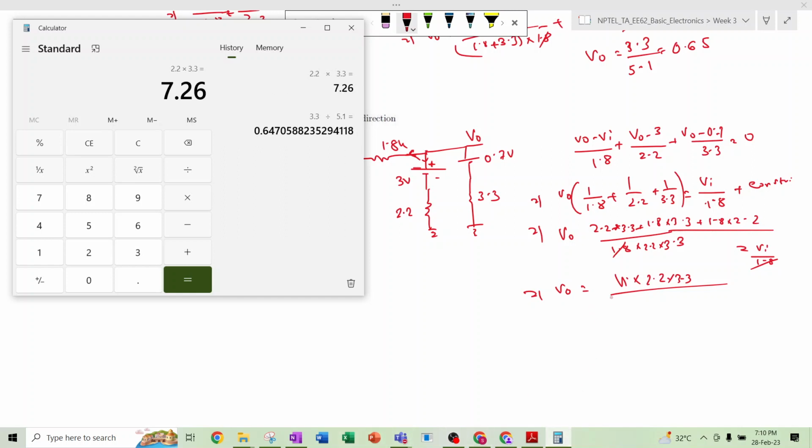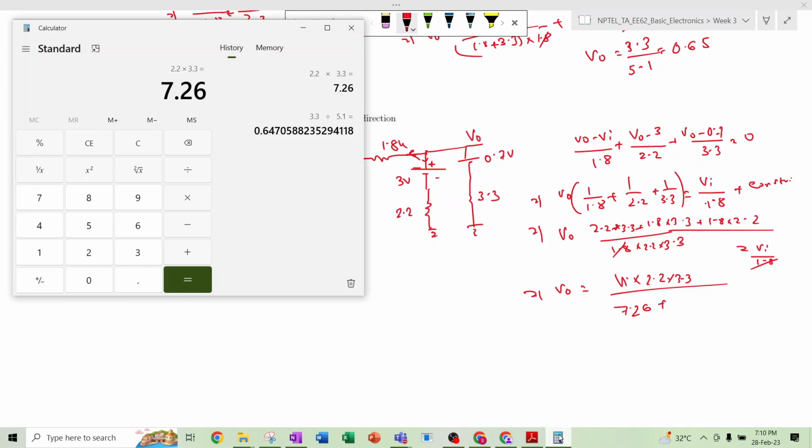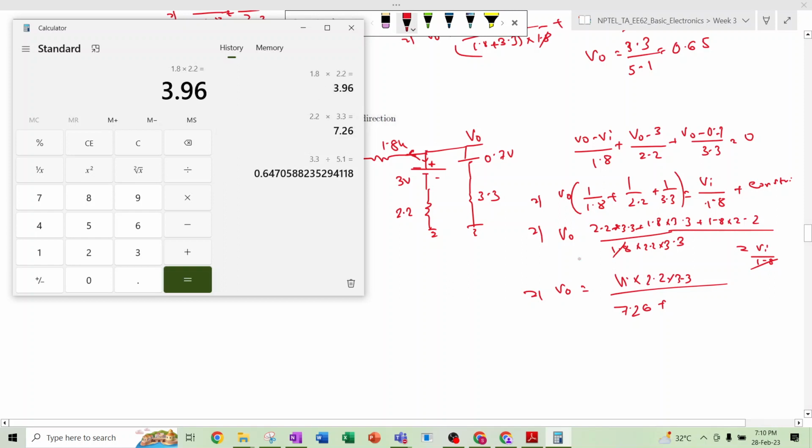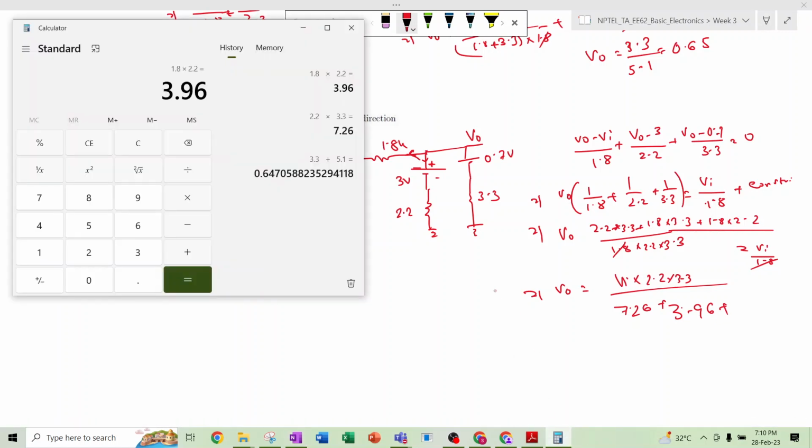So this is 7.26 plus 1.8 into 2.2, this is 3.96, plus 1.8 into 3.3.